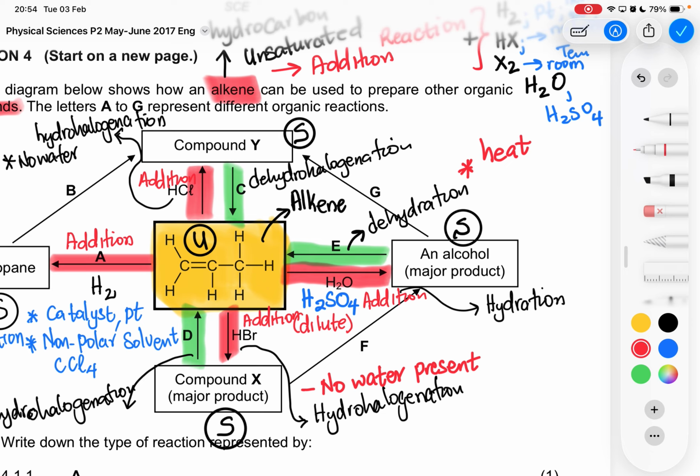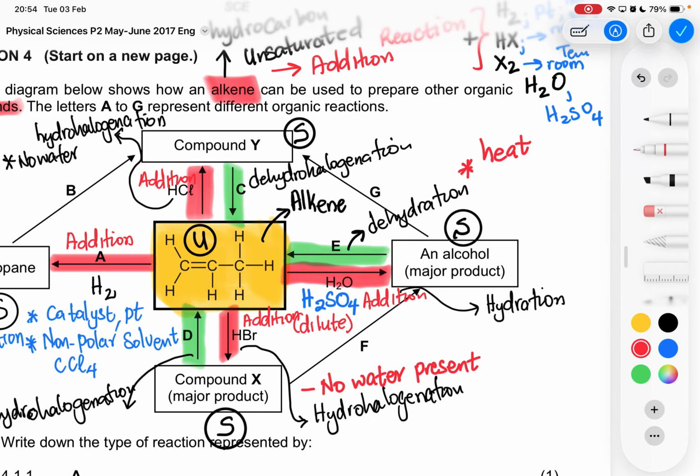We need alcohol. No, we are trying to actually change that alcohol to an alkene. So heat is needed. What other inorganic substance is needed for this reaction to be possible? Another alcohol.